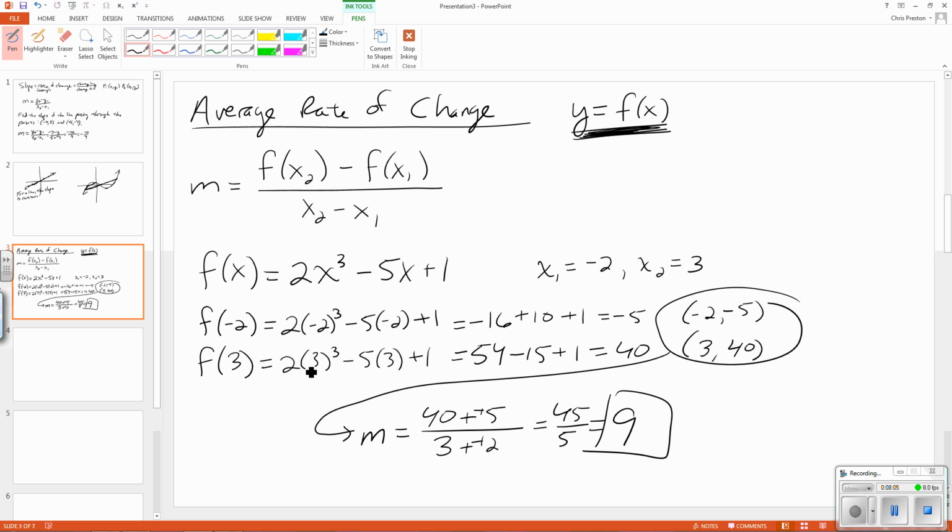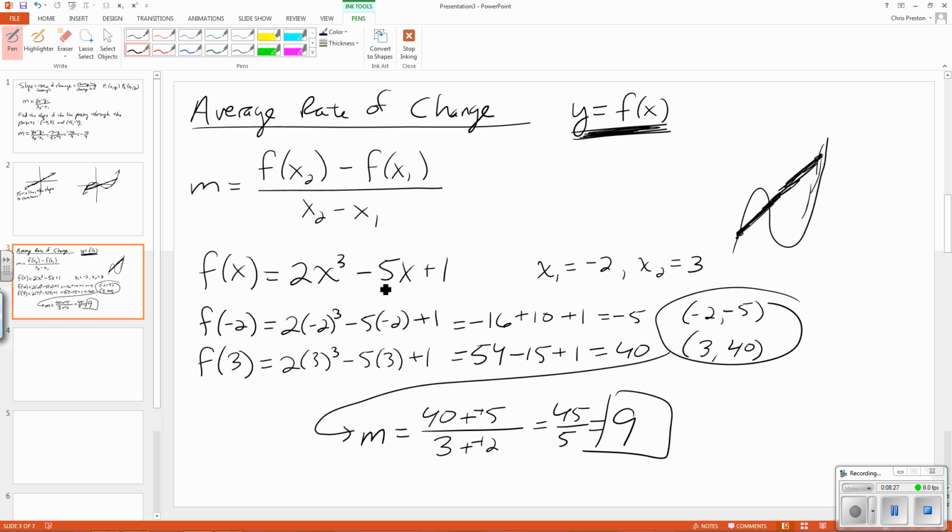So in other words, if we were to draw a line just connecting those two points, however the rest of the curve does its thing, that would average out to be a slope of 9, up 9 over 1.